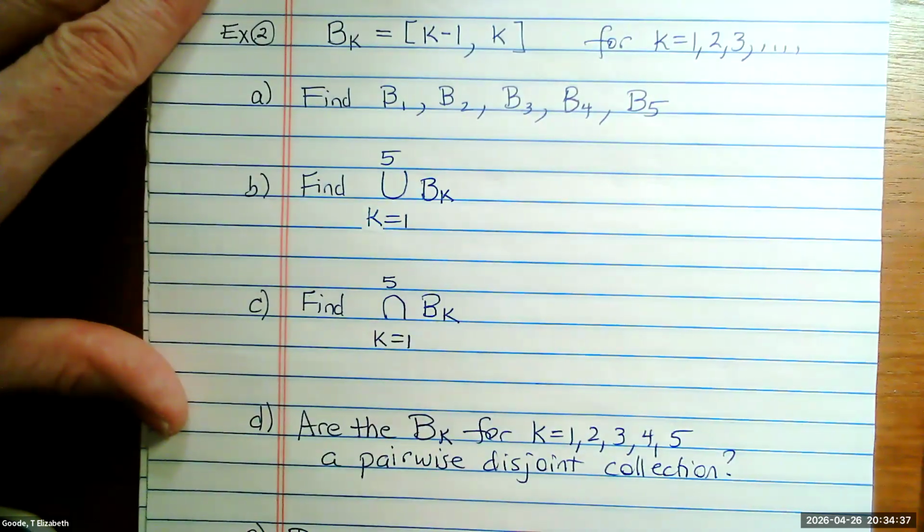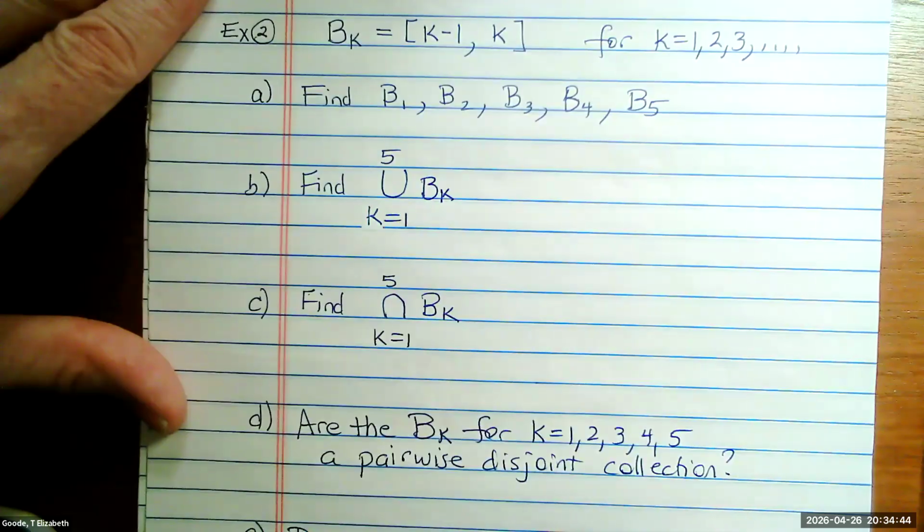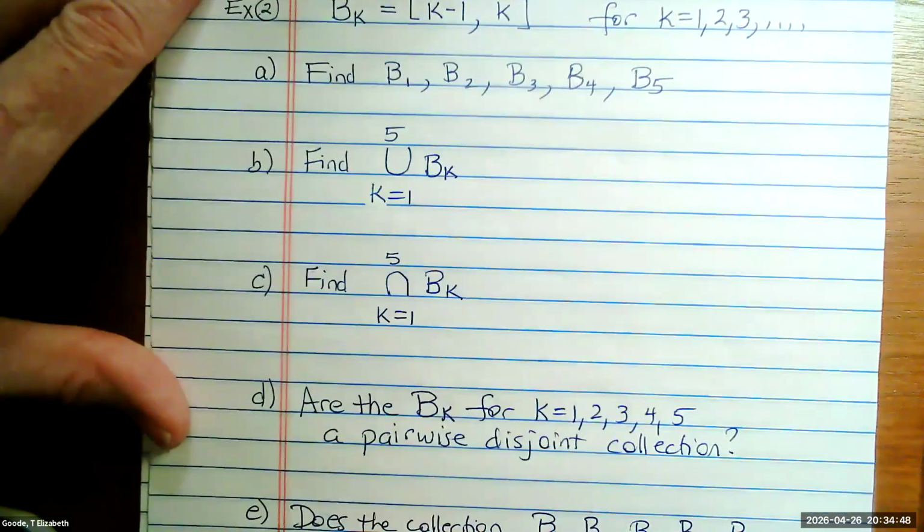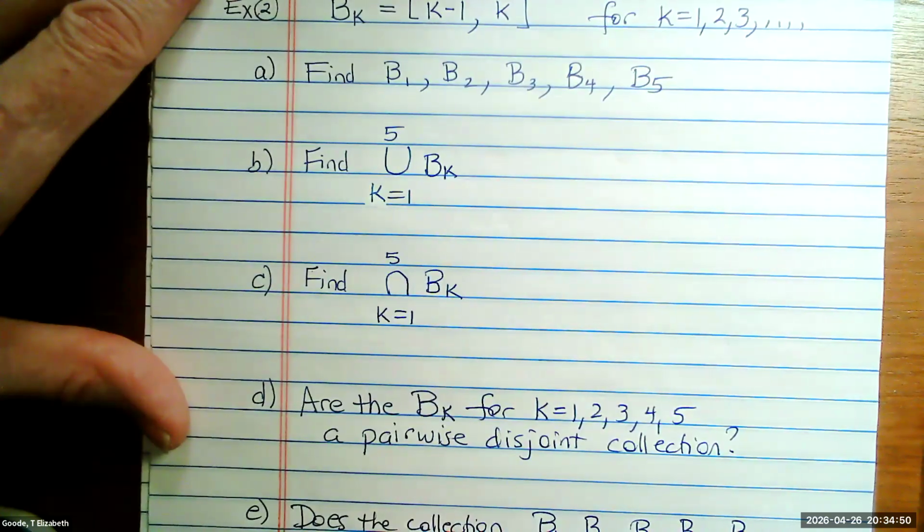Does the collection B1, B2, B3, B4, B5 partition any set? If so, what set?